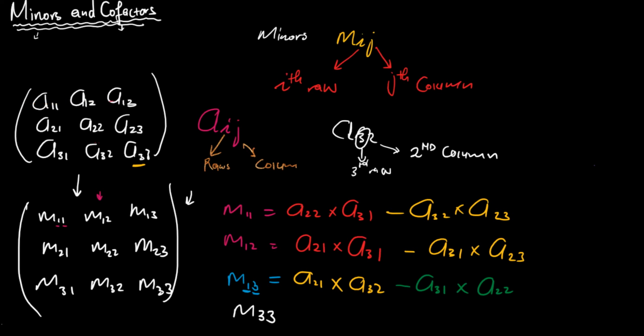For M33 you're going to cancel the third row and then the third column. So we have A11 times A22, and then we subtract this one: A21 times A12. So that's how you find your M33.